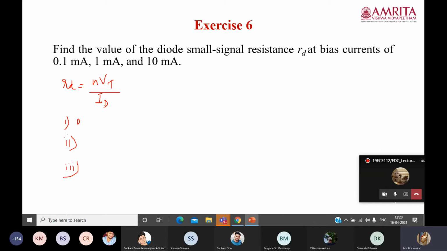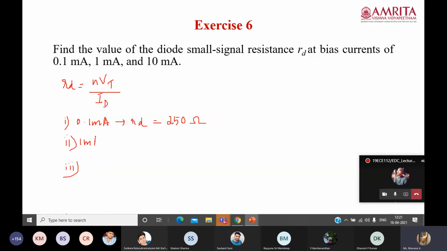When ID is equal to 0.1 milliampere, what will be rd? 250 ohms. Unit is important. 250 ohms.